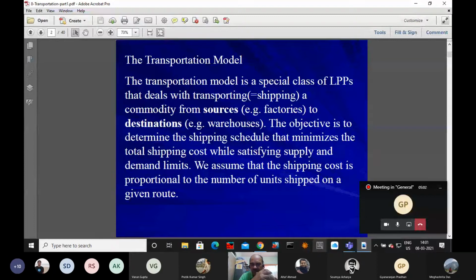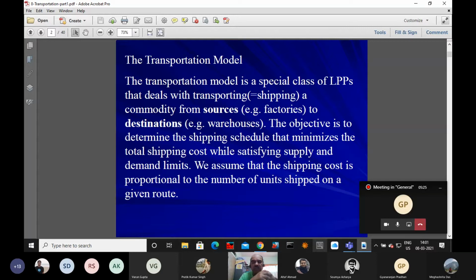There are some supplies with some limit at the sources, and at the destination points, there are some demands. We assume that the shipping cost is proportional to the number of units shipped on a given route.